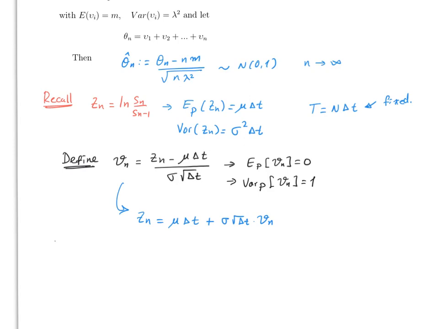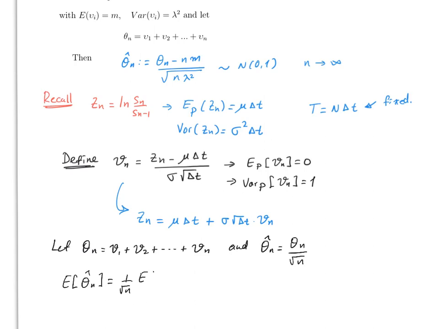Now if you let theta n be epsilon 1 plus epsilon 2 all the way to epsilon n, and we define theta hat n to be theta n over the square root of n, you can easily check, and you should check, that the expected value of theta hat n is the same thing as 1 over radical n times the expected value of epsilon 1 plus epsilon 2 all the way to epsilon n, which is 1 over radical n times 0 plus 0 and so forth, which is just 0.